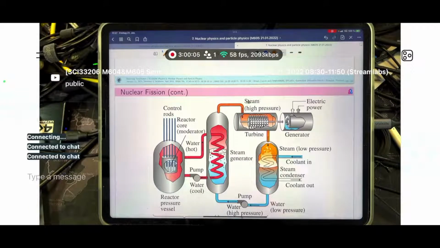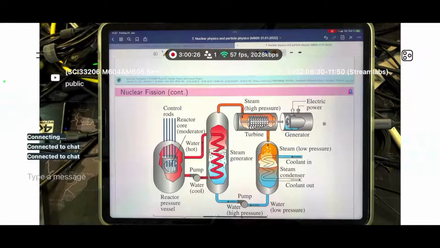It's known as steam. Once the steam passes through this pipe, it's going to push the blades in the turbine. This is the turbine, and the turbine is attached to the shaft. The shaft is connected straight to the generator.